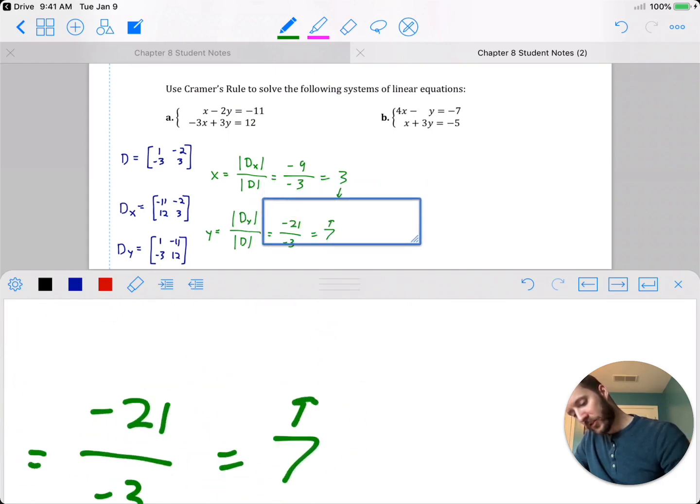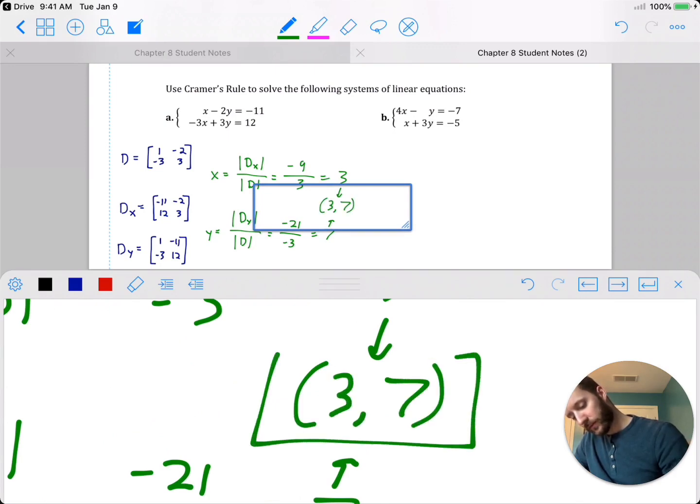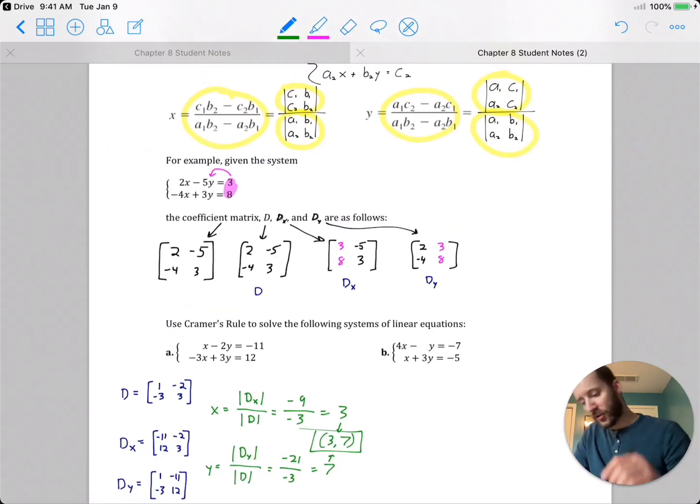Putting those together, we get the ordered pair 3, 7. Alright, try example B. Check your answer with my completed notes online.